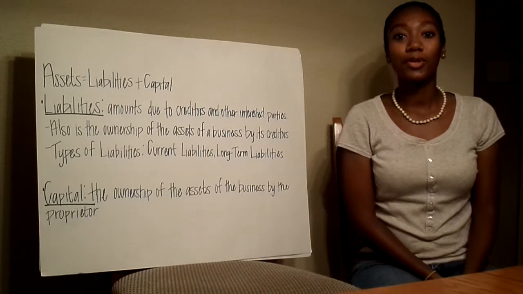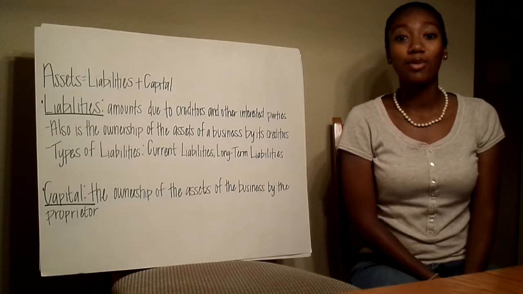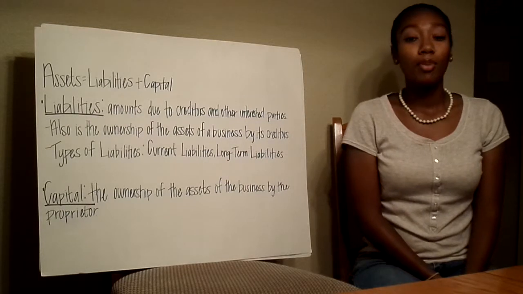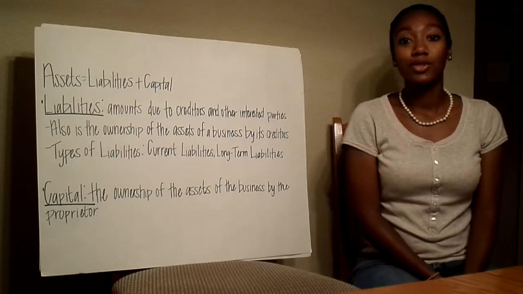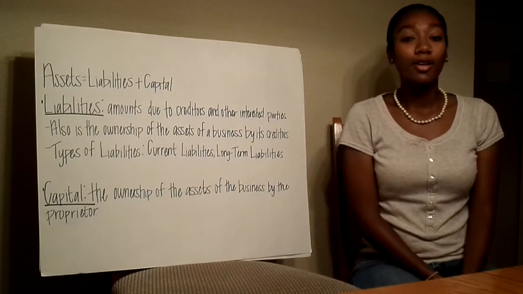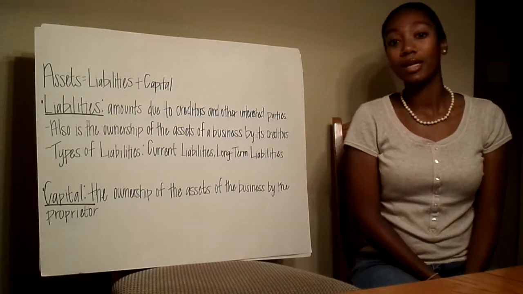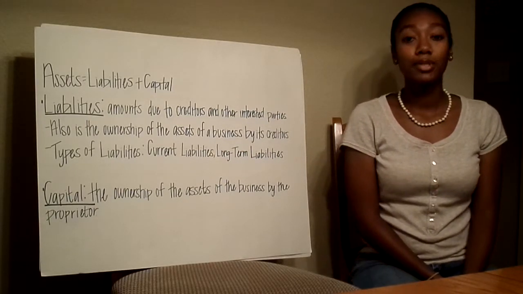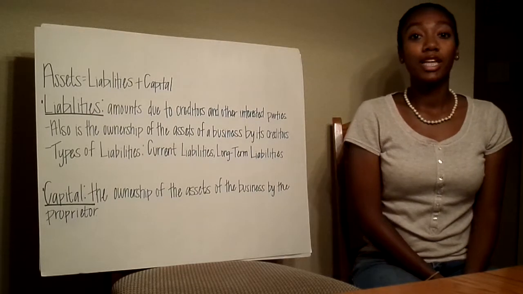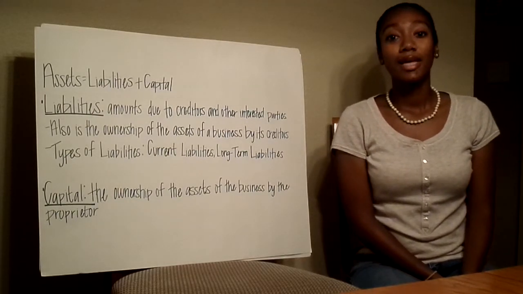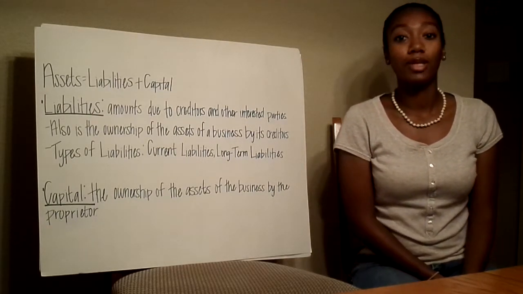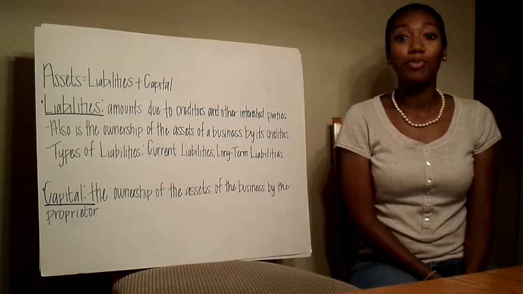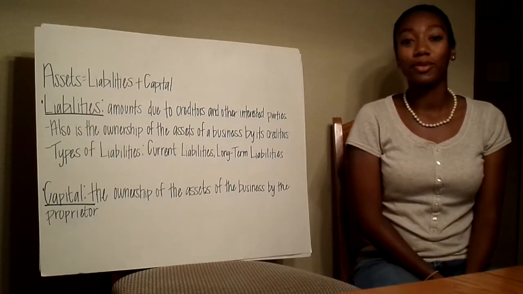An example of a liability would be an apartment or house that you are renting, or also an IOU to a friend. There are two types of liabilities. The first one is current liability, and the second one is a long-term liability. The third part of the equation is capital.